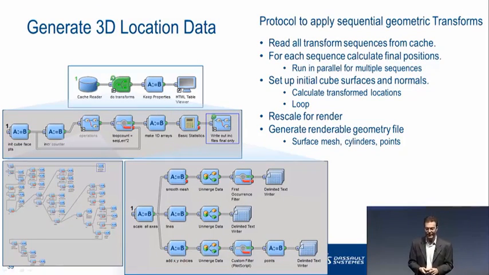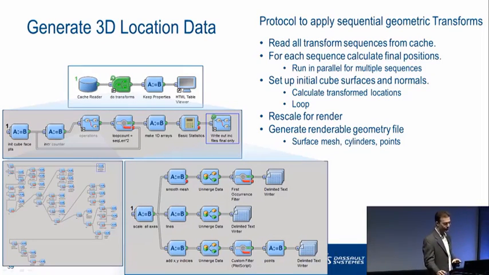So back to how this is done. Here's a Pipeline Pilot protocol that takes the sequence of transformations, the code for a particular image, and runs it through a protocol that calculates where each starting point, which was on the surface of this cube, should end up at the end of all these operations. So we have a looping step here in the first exploded view, where we run through this once for each transformation that we need to apply.